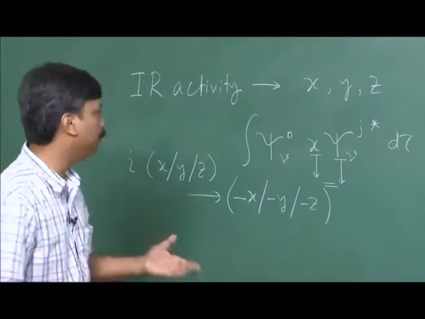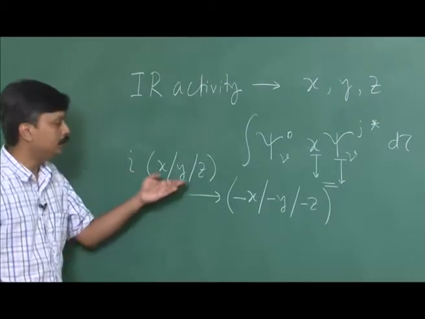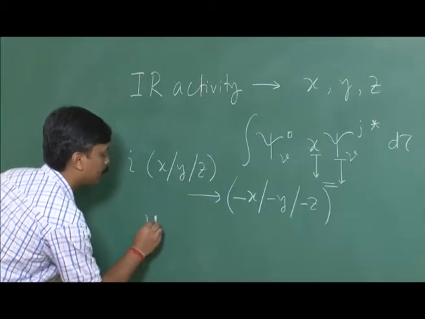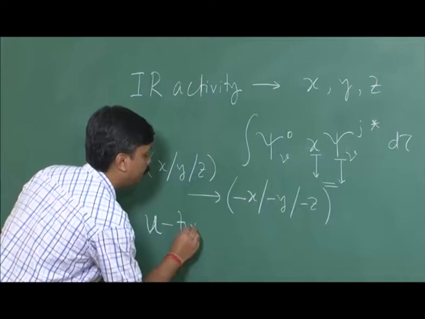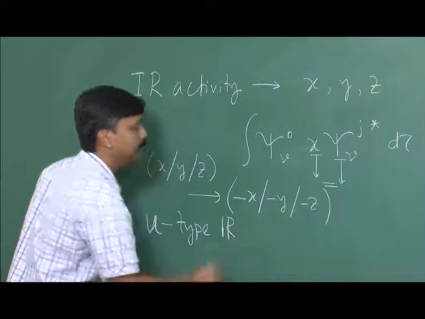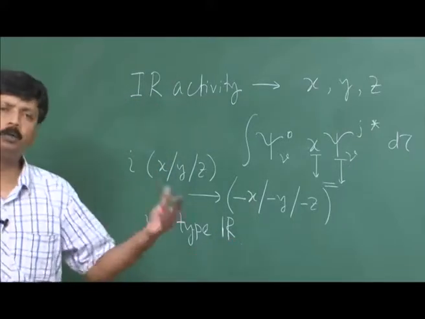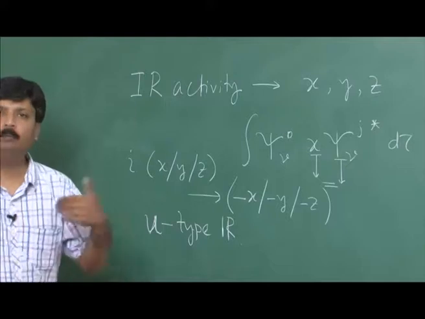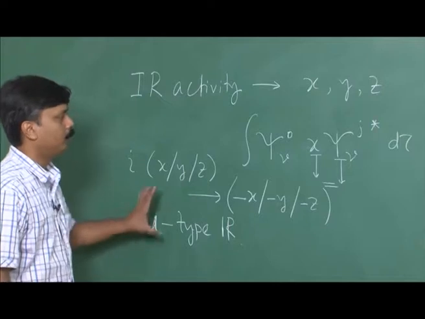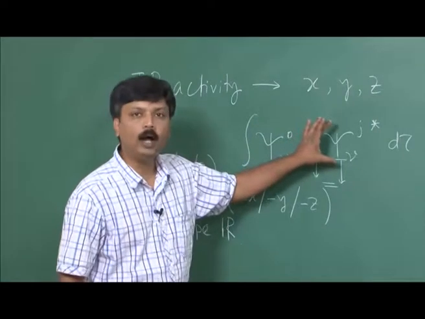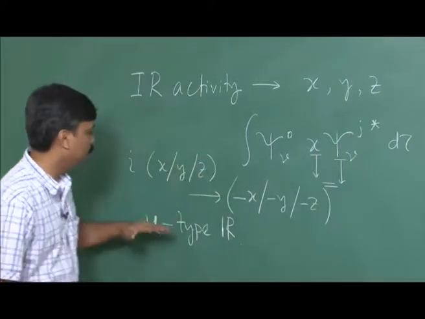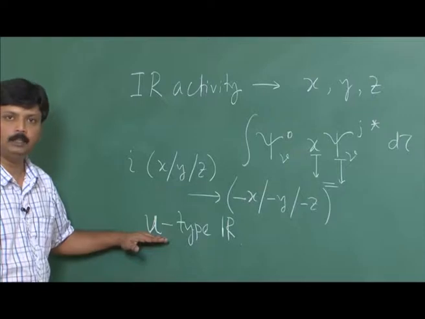When I say anti-symmetric with inversion, that means these must have a u type of symmetry, a u type irreducible representation. It will belong to something like Au or Bu or Eu. Therefore, in order to show IR activity, the normal mode must also belong to a u type irreducible representation.